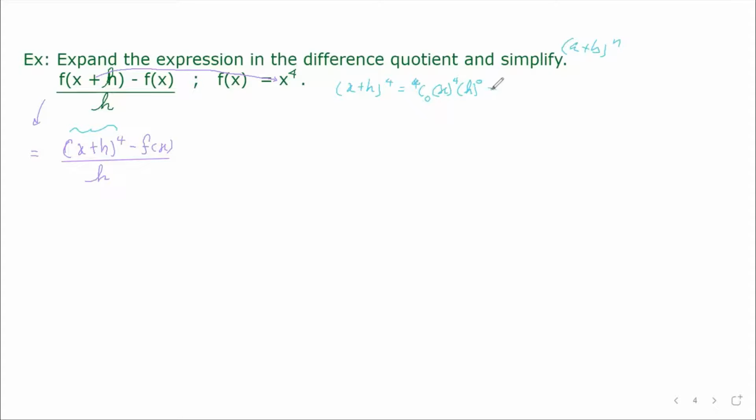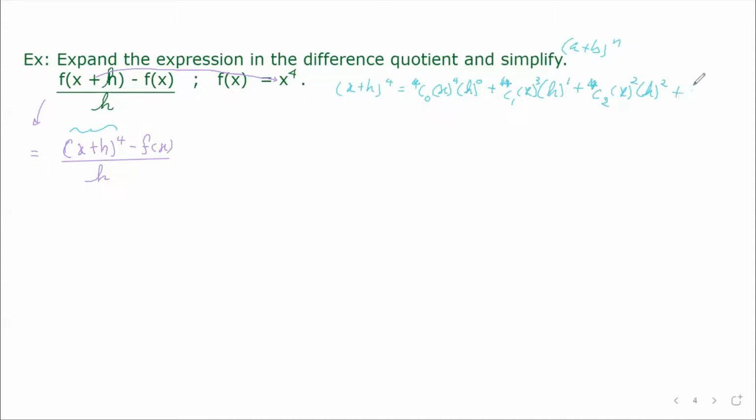And the second term, n is 4, I replace right away, and then 1. This x power 4 minus 1 becomes power 3, and then h power 1, plus n is 4, this one 4C2, and x is going to be power 2, h power 2 also.